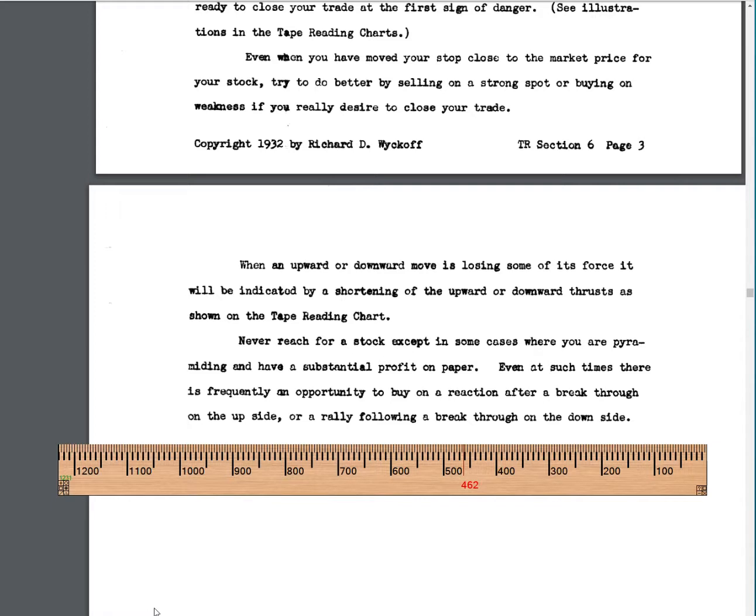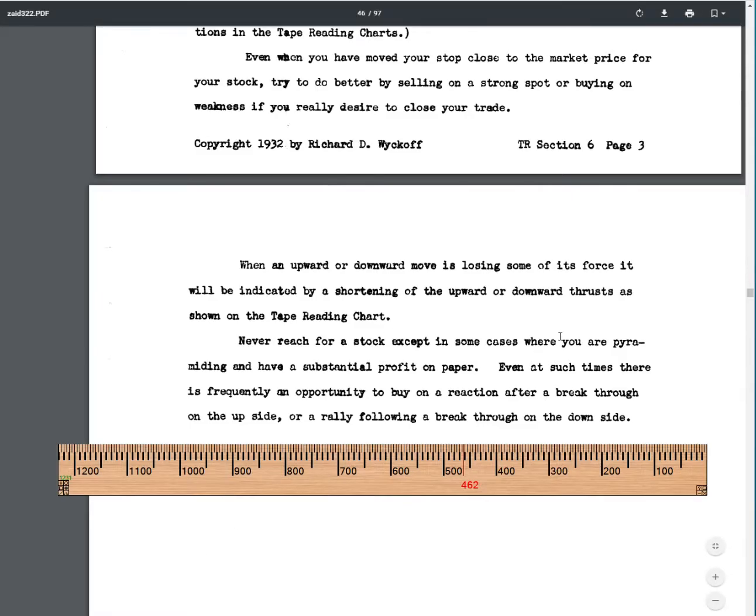One is hesitation, green, red, that type of sequence at the top of a wave or at the bottom of a wave. It is also a shortening of the thrust. So he's saying it's losing its force, but it's the same as really losing its momentum. So that's an important point.